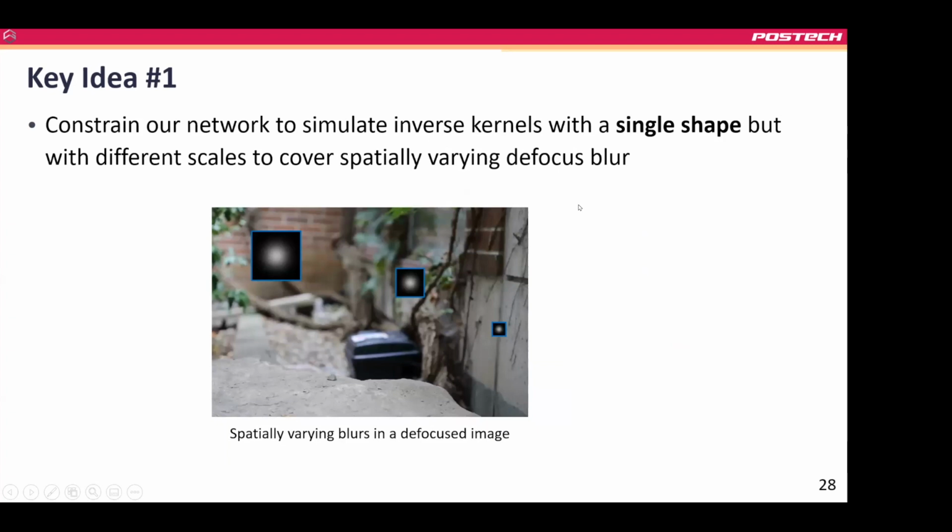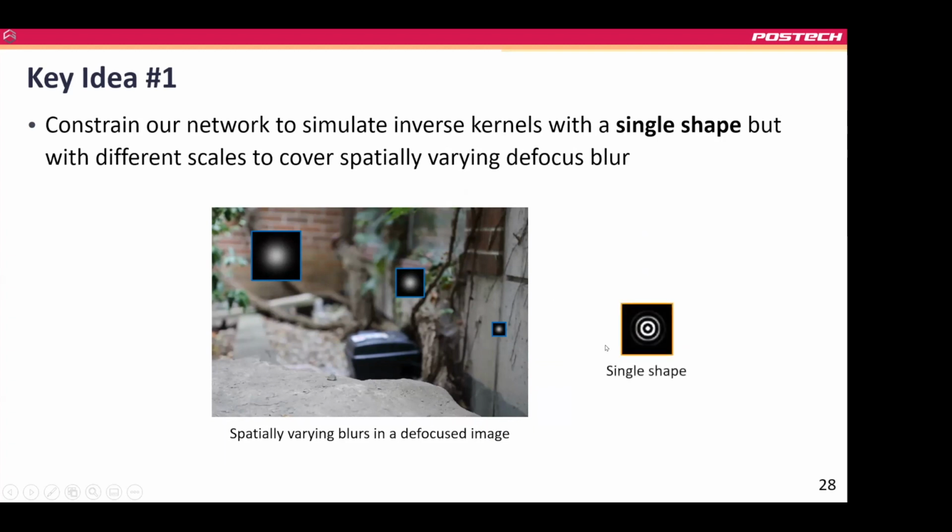But what does that mean? That means that in this defocus blur image, we have small defocus blur here, middle, and large, right? Then we can apply inverse corner to remove defocus blur from this part.